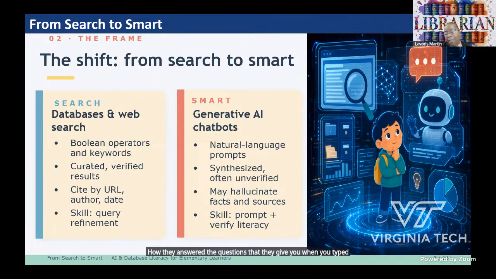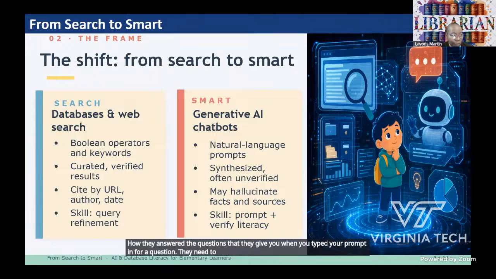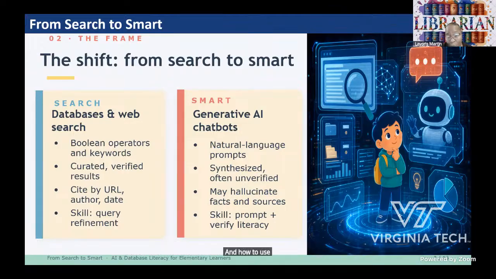They need to know how to recognize bias and how to use AI as a thinking partner instead of a thinking replacement. So these four components, understand, evaluate, use, and adapt, are the foundation of AI literacy, and they are the foundation of information literacy.